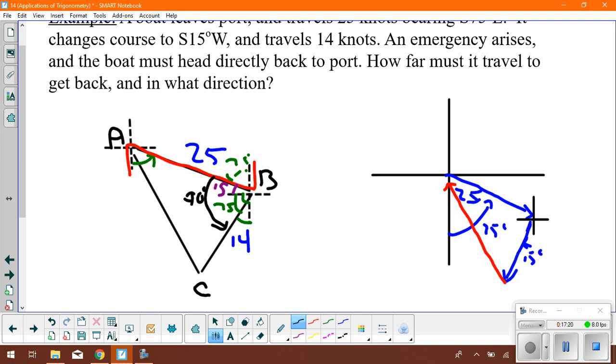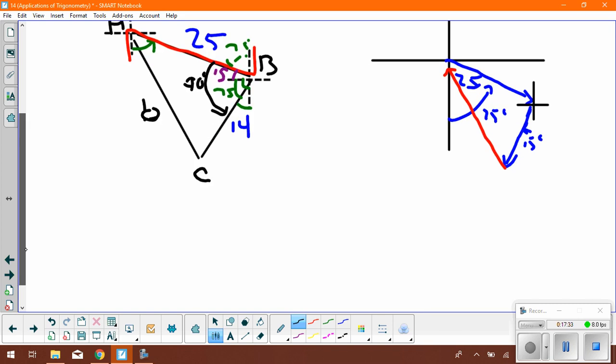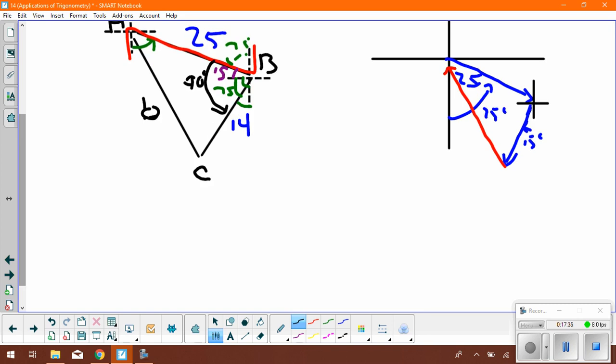So now I can use this to figure out what's going on over on this side, because that's the distance the boat has to travel to get back. So actually we got kind of lucky here. We have 90 degrees, so I can just use the Pythagorean theorem to solve for that missing side length. Now the letters are going to look like they're kind of out of order for a second.